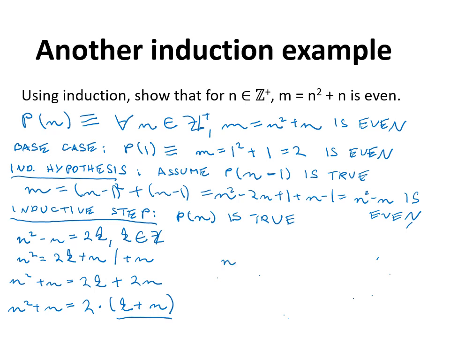So we get n squared plus n is equal to 2 times some integer l. And we can do this because of closure of addition. And this l is an element of Z. Great. So now we have that n squared plus n is 2 times l, which means that n squared plus n is even.